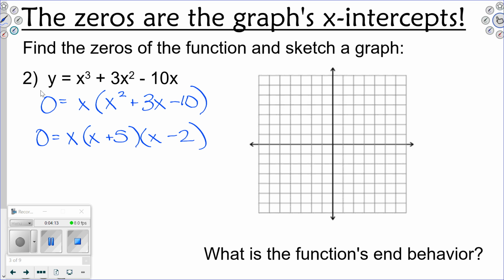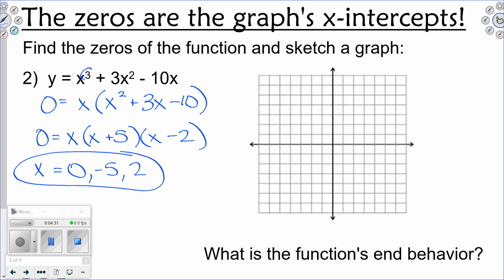All right, we set each part equal to 0 and solve, which I told you at this point I'm going to kind of stop writing that step. So what does baby brother give me? 0. And the next ones give me negative 5 and positive 2. Now, double check, my original problem was x cubed, and I have 1, 2, 3 answers. So that does match up, so I know I'm good.